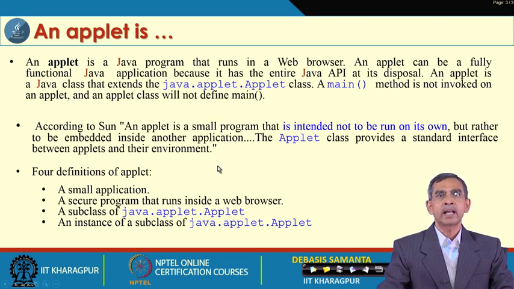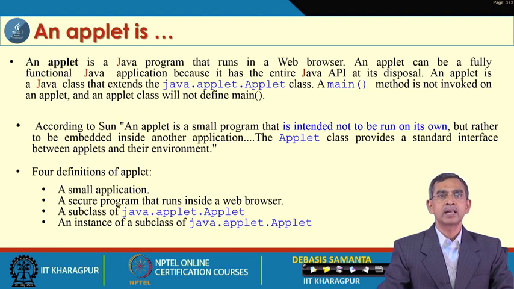Whenever we have to design an applet, we usually follow the applet package, where the Applet class is defined. That is why all applet programs are called subclasses of java.applet.Applet. The Applet class is an abstract class which we have to inherit for our applet program.